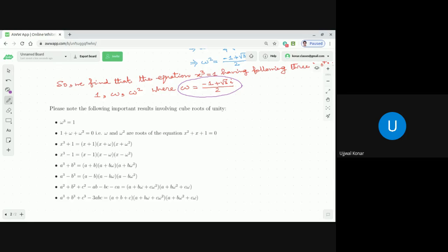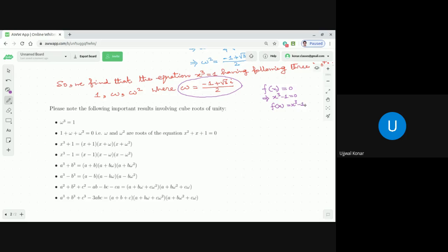If I say that x cube equal to 1 has roots 1, omega, omega square, that means omega is a root of x cube equal to 1, so obviously omega should satisfy it. If f(x) is equal to 0, what is f(x) here? x cube minus 1 equal to 0. So f(x) is equal to x cube minus 1.